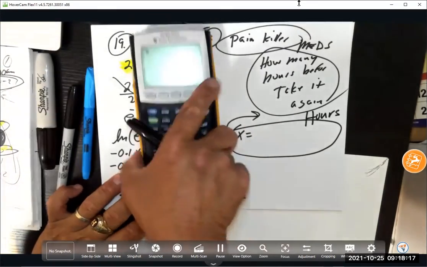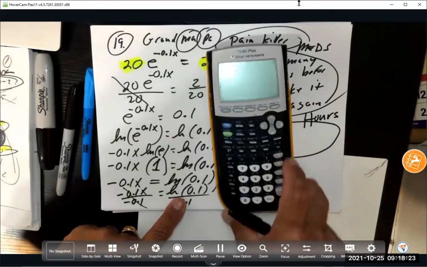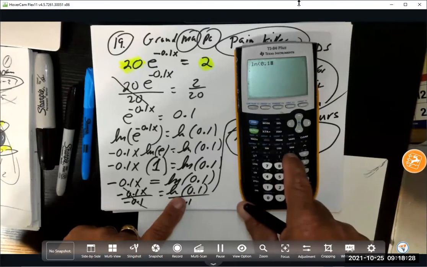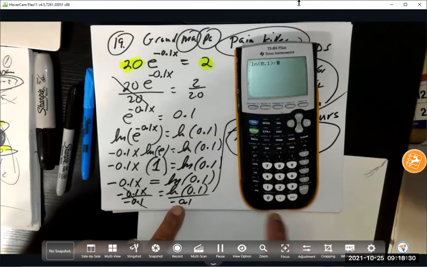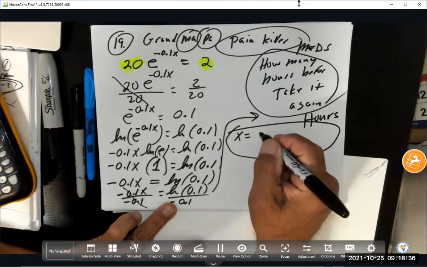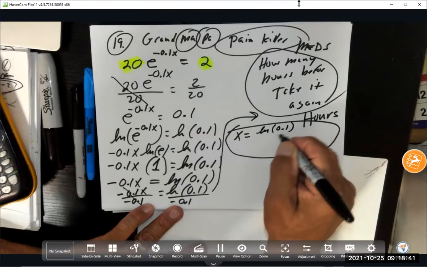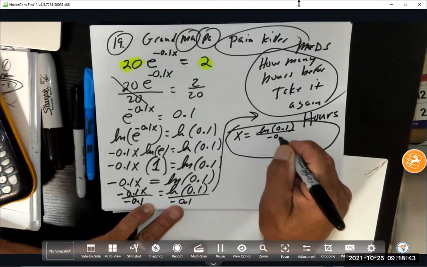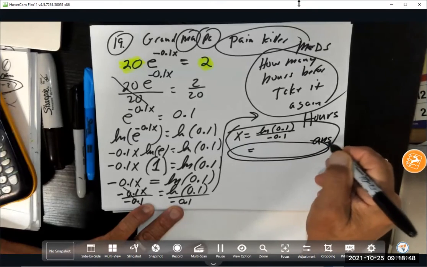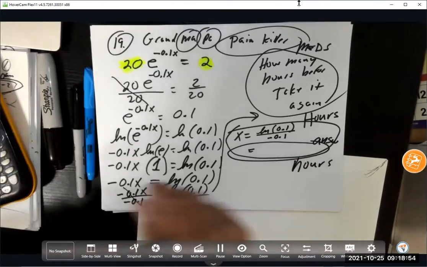Ready? x is going to be ln of 0.1 divided by negative 0.1. Make sure you put that little minus sign right here. So that's going to give me this answer right here. How many hours before you need to take the medicine again? This number divided by this number. Do it in the calculator.